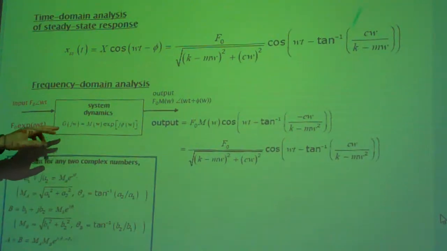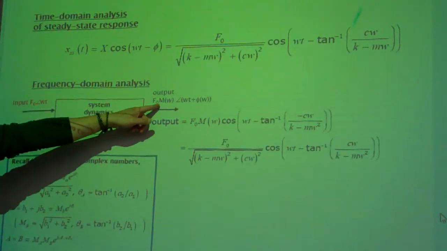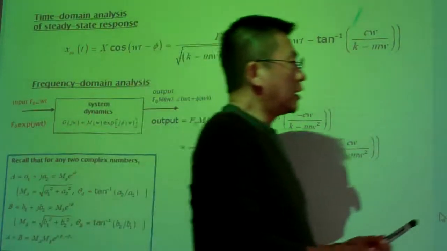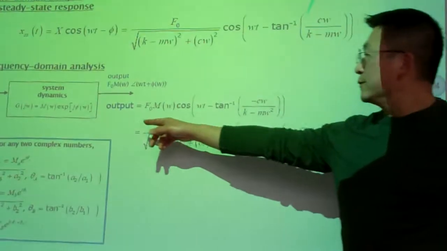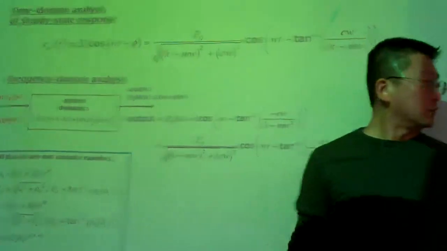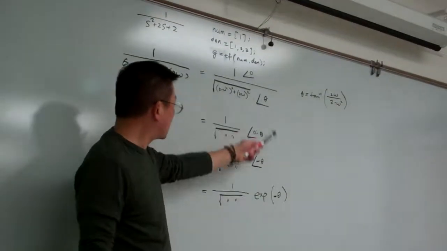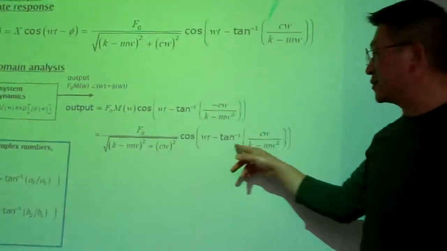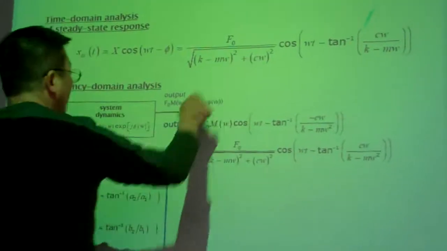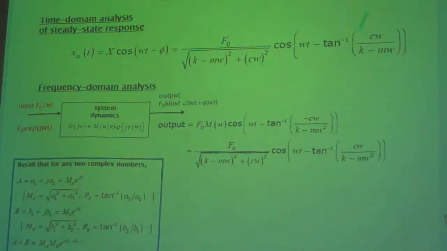We simply plug in the magnitude of the transfer function that we calculated, and then we plug in the phase angle of the transfer function. So basically, we plug in here, then you can get the same result as we have in the time domain.